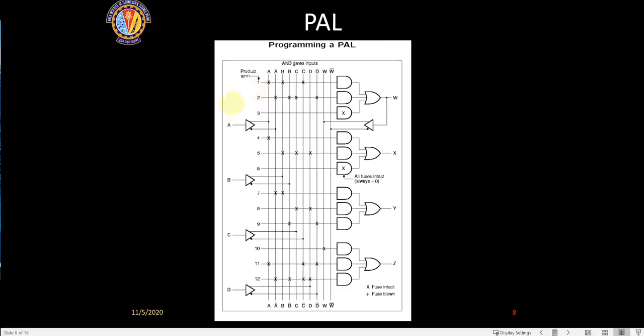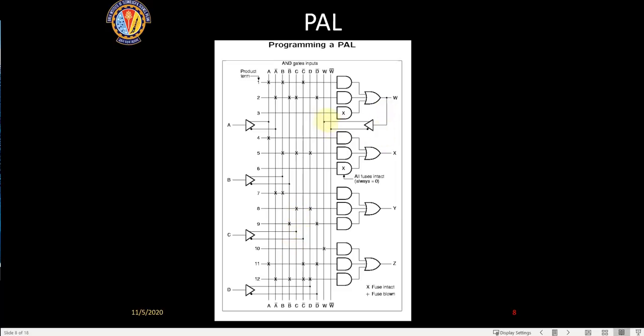Suppose I give you an example, then it will be clear. Suppose we are programming W as the AND of ABC. Now I find that the minterms of these also contain ABC. In that case I don't have to program ABC again here.